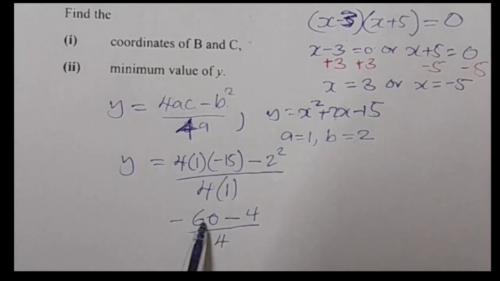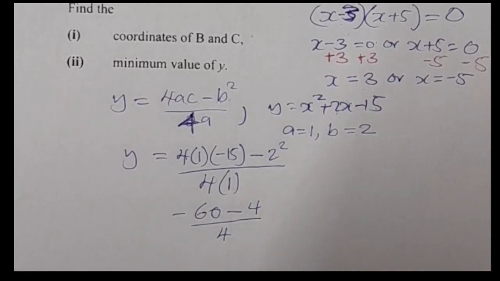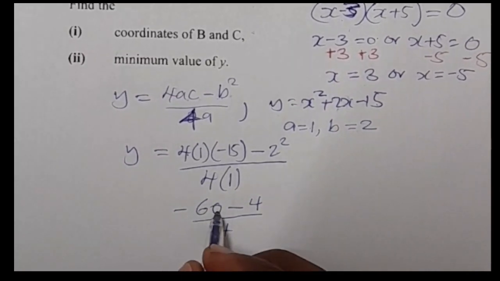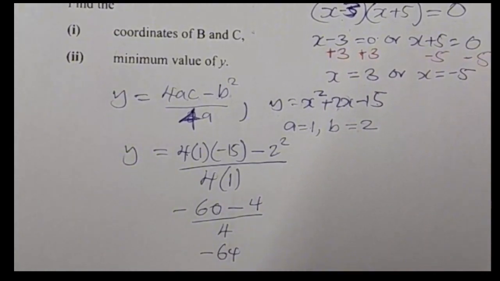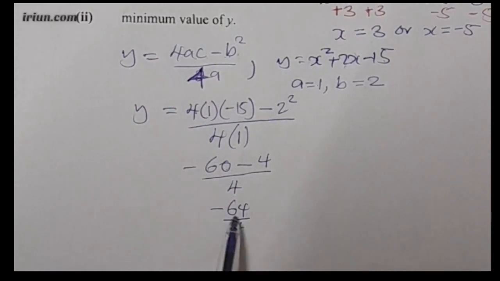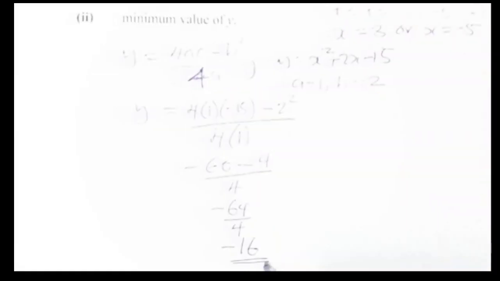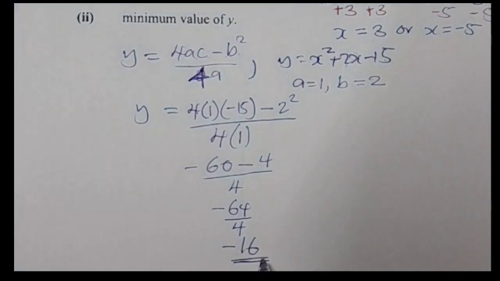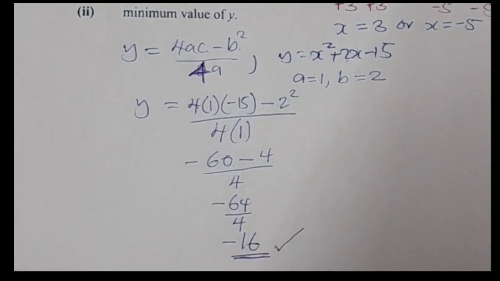Negative 60 minus 4 is negative 64 over 4. Then 4 into negative 64 is negative 16. Okay, so the minimum value is negative 16.